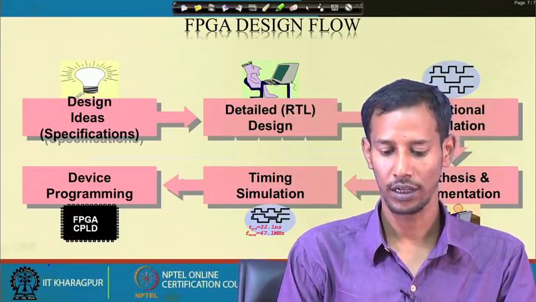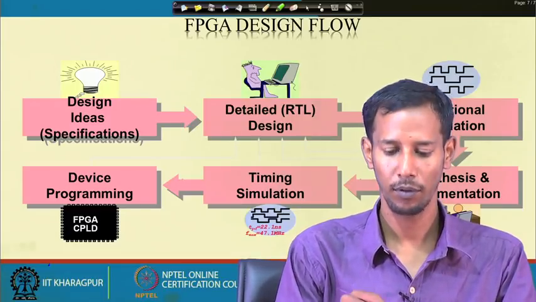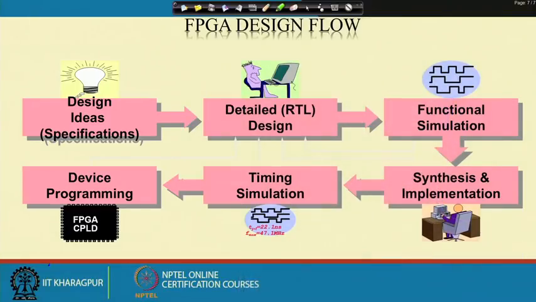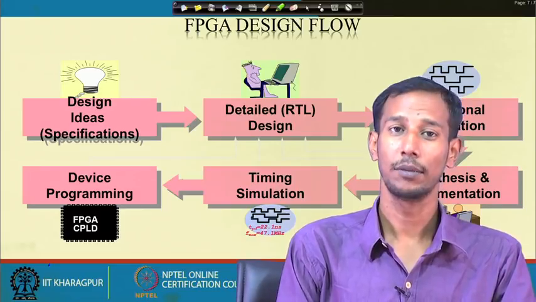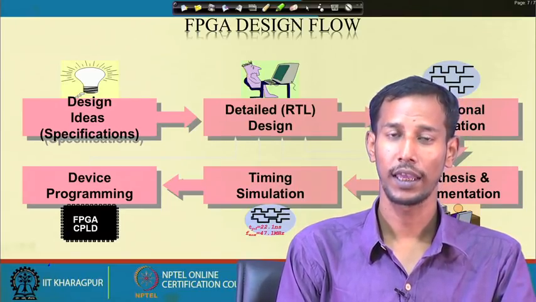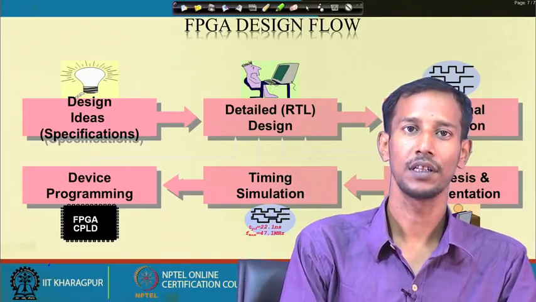Then you have the detailed design or RTL description, where RTL means register transfer logic. Then you follow functional simulation, then synthesis and implementation. After synthesis and implementation, you follow timing simulation. Once timing simulation is done, you can go for device programming, as you are following this FPGA design flow.